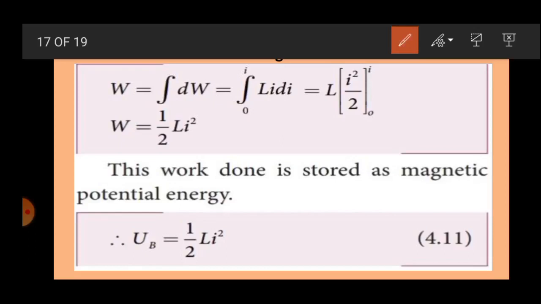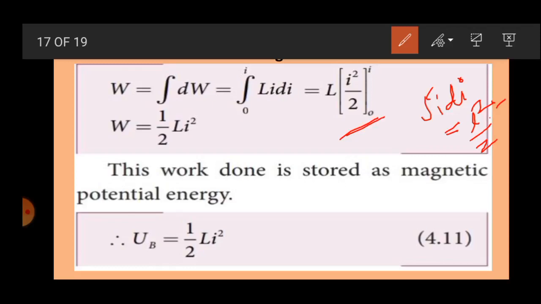Now tell me, already you know that integral value of I into di is equal to I square divided by 2. Now substitute here, I square divided by 2, lower limit to upper limit.